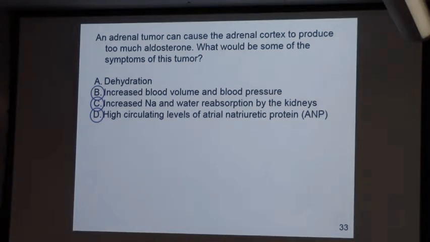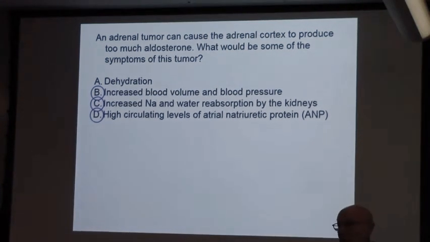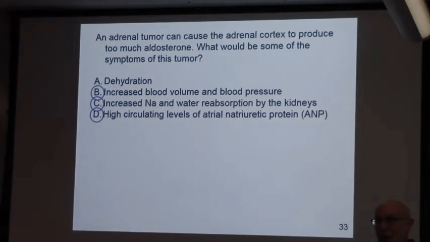What is the stimulus for atrial natriuretic protein secretion? Atrial stretch. Increased blood volume, increased atrial stretch, increased production of ANP as an attempt to compensate, not effective usually because it's not that strong an effect, but if you did an endocrine test on blood, you would see elevated circulating ANP. They can do an assay for hormones in the blood, including ANP.